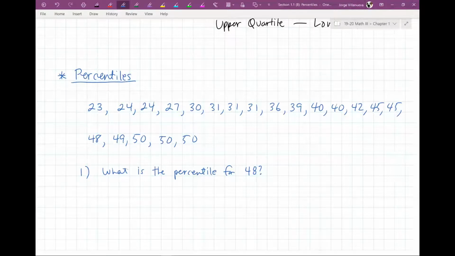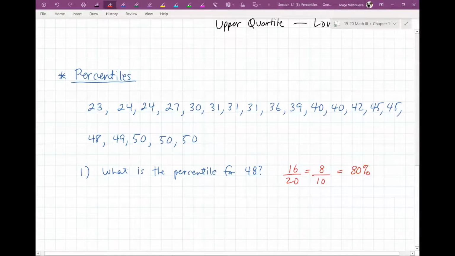So we start counting: 1, 2, 3, 4, 5, 6, 7, 8, 9, 10, 11, 12, 13, 14, 15, 16. It's the 16th out of the 20. So I'm going to write 16 out of 20, which reduces to 8 over 10, which is 80%.